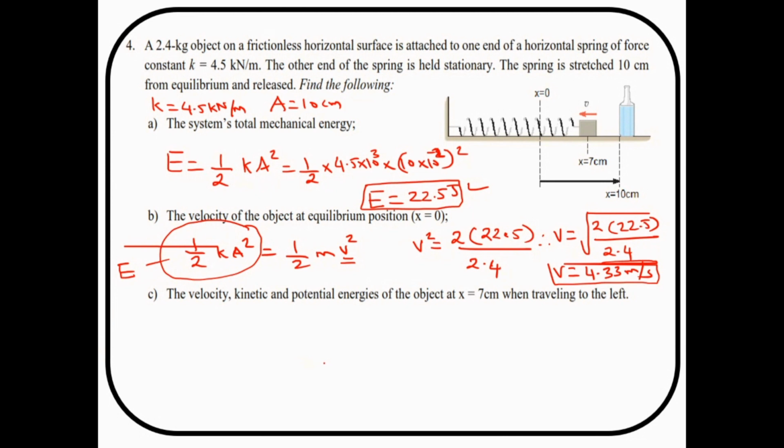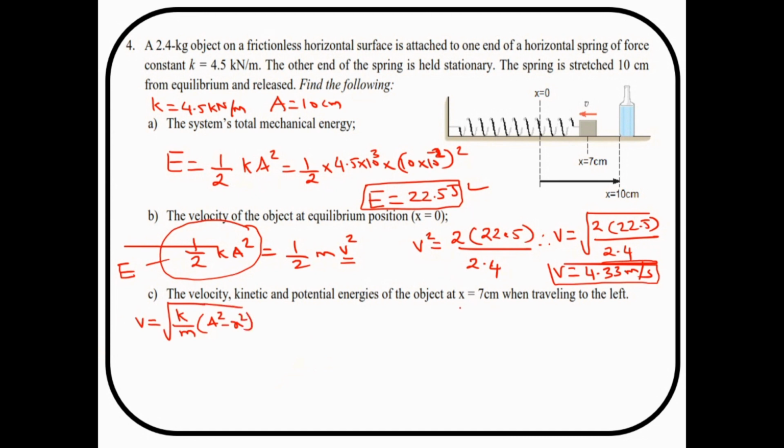In the third part, we are going to find its velocity, its kinetic energy, and its potential energy. Here the potential energy is nothing but the elastic potential energy. As we already studied the relation for the velocity, we know the rule v is equal to square root of k over m multiplied by a square minus x square.